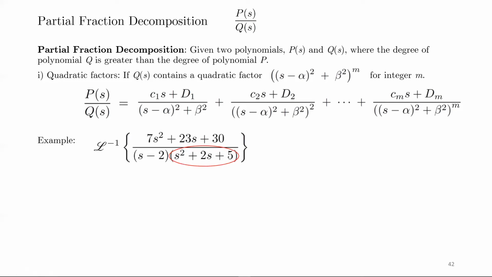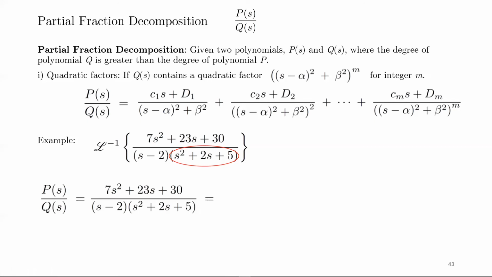So as an example, we've got a quadratic on the top here, and on the bottom we've got a cubic, so the degree of the denominator is larger than the degree of the numerator. We've got a non-repeated linear factor here, and then here we've got a quadratic term, okay?